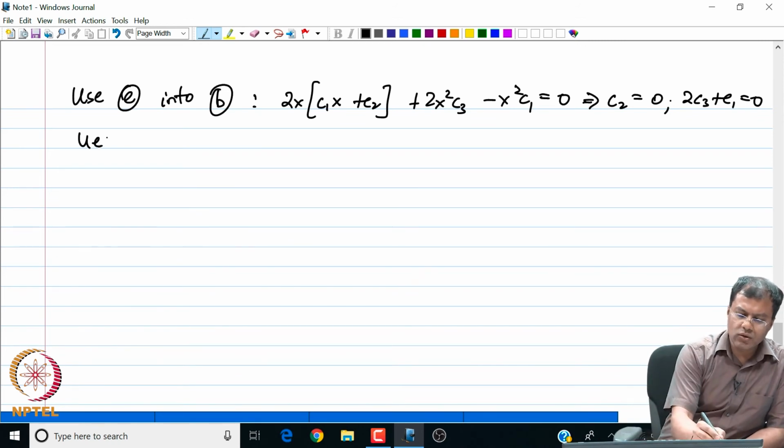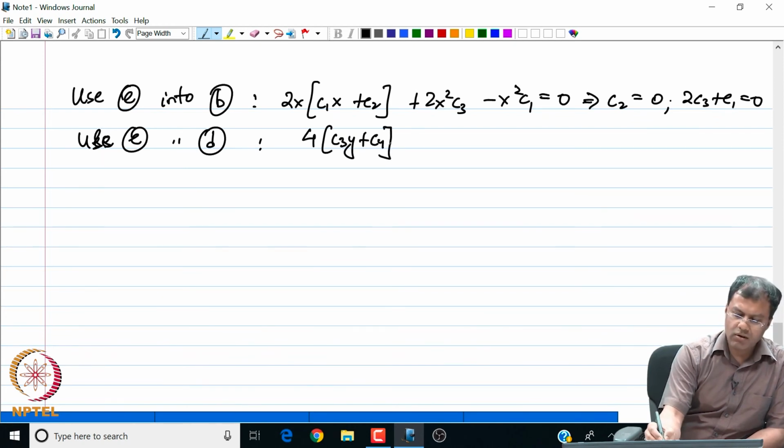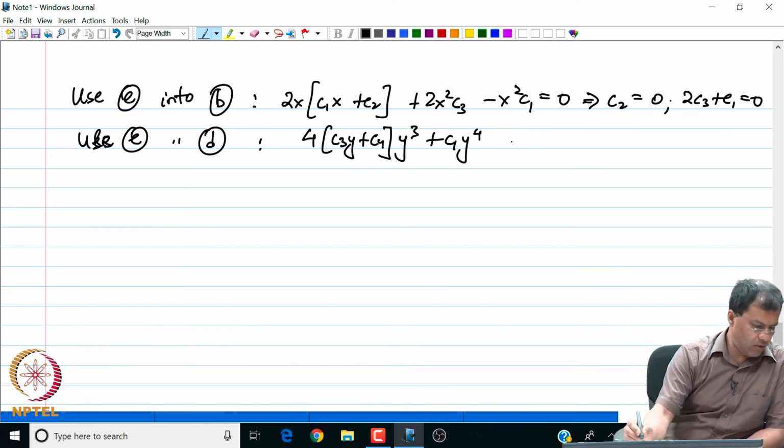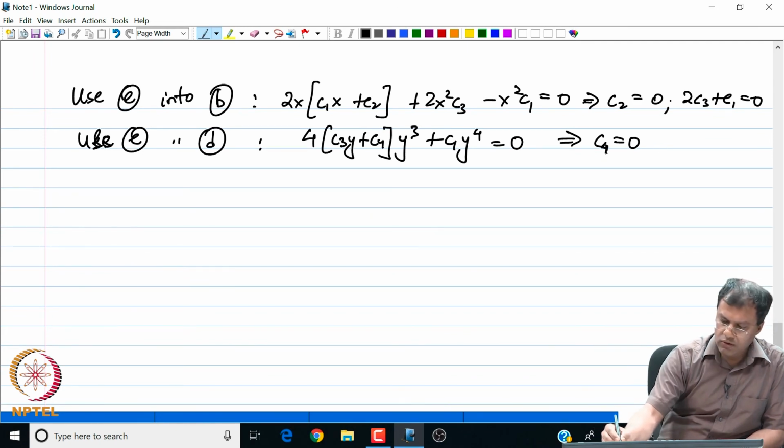And then we again use E in the relation D. I get the following: 4 times C3 y plus C4 y cube plus C1 y to the power 4 set equal to 0. I get the relation C1 is 0, so C4 is 0, and I also get that 4 C3 plus C1 is 0.